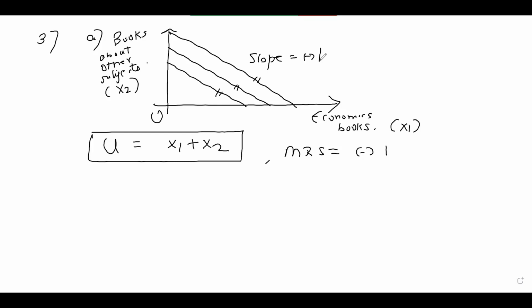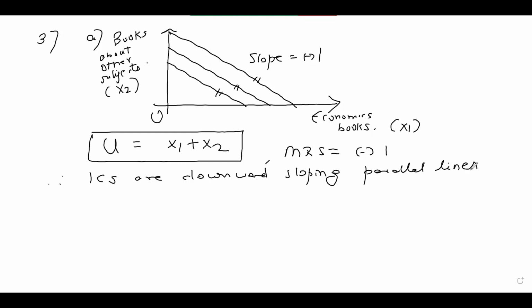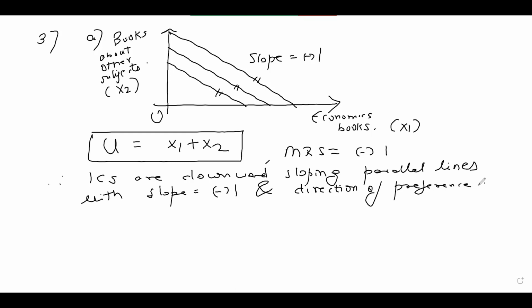Perfect substitutes. So I can say that therefore the indifference curves, ICs, are downward sloping parallel lines with slope equal to -1 and the direction of preference as, which is the direction of preference?